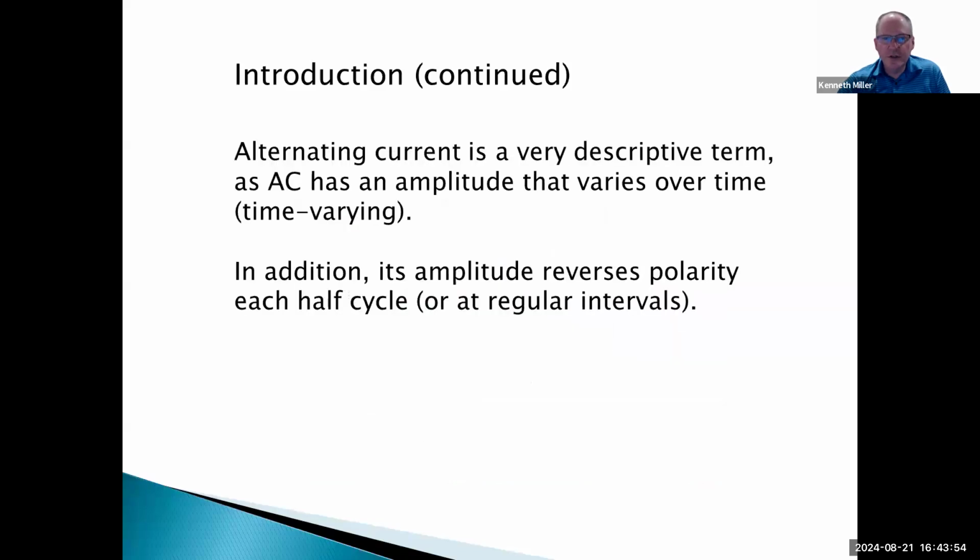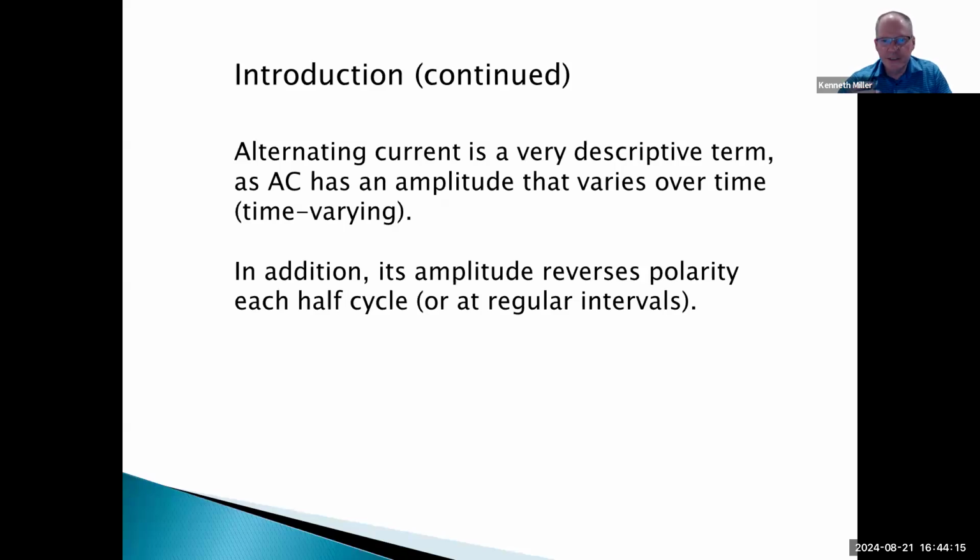It's also alternating its polarity. So it goes up to positive, comes down to negative, goes back up to positive, and so forth. And it's doing that at a regular interval, which is known as its frequency.